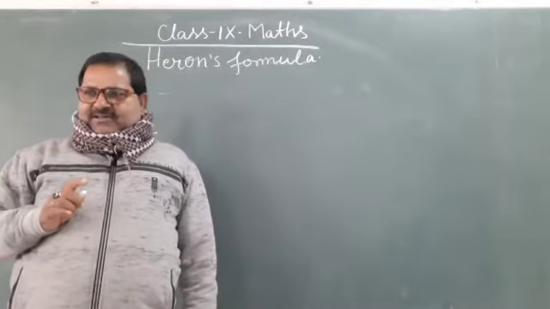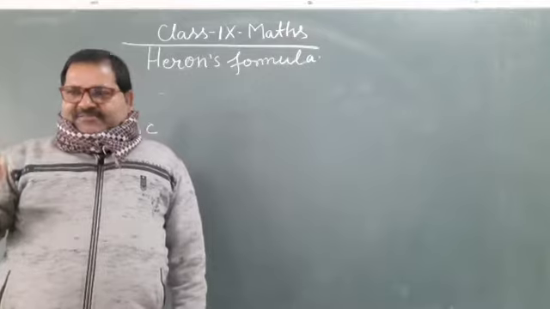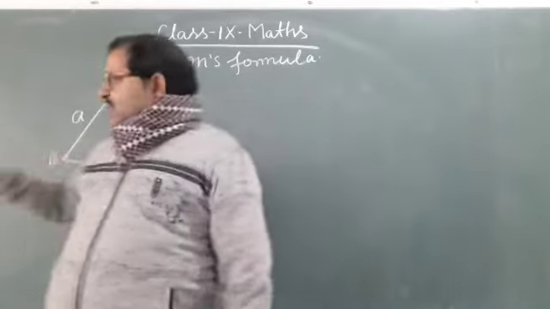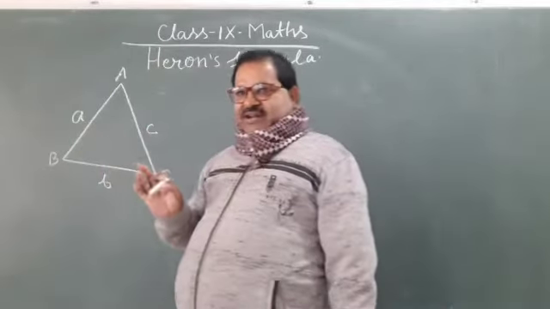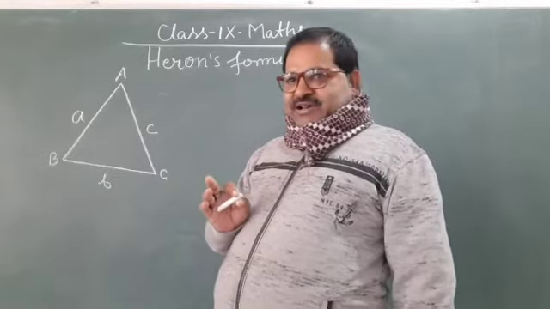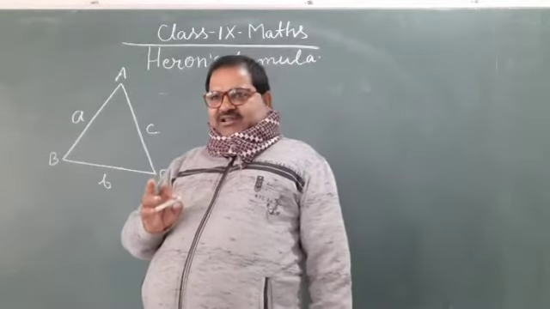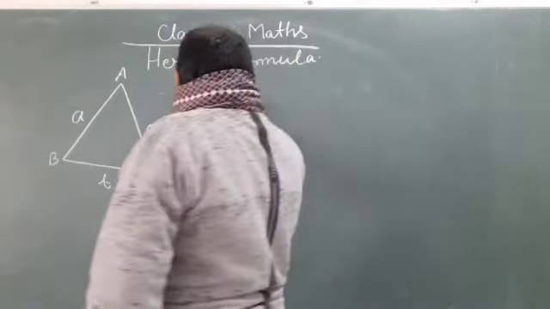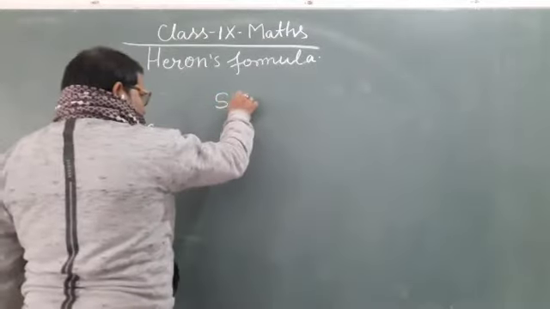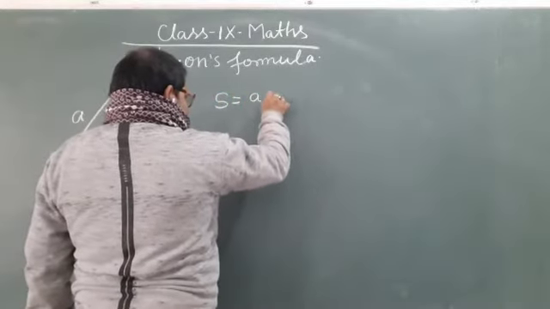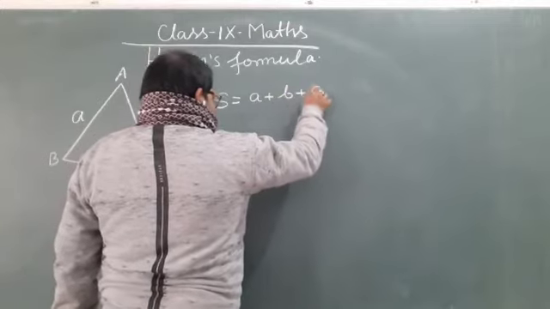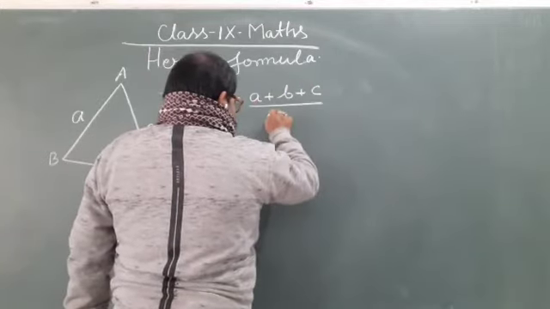And perimeter is the sum of all the sides. So S is equal to A plus B plus C upon 2.